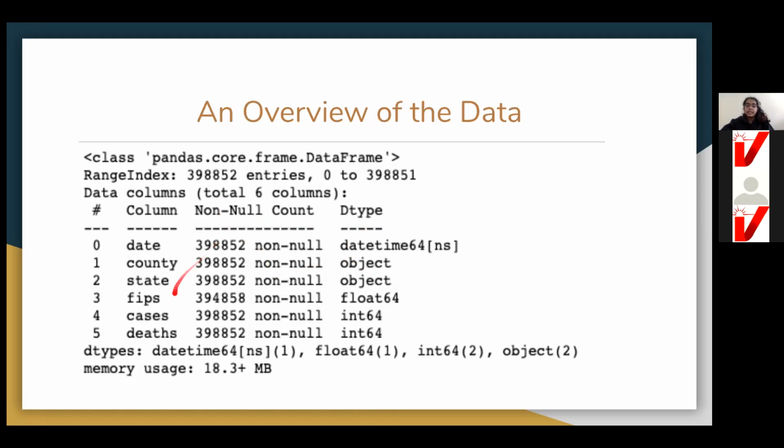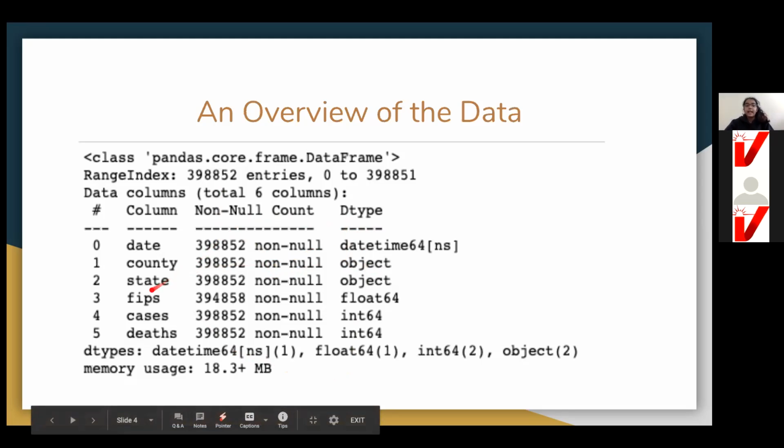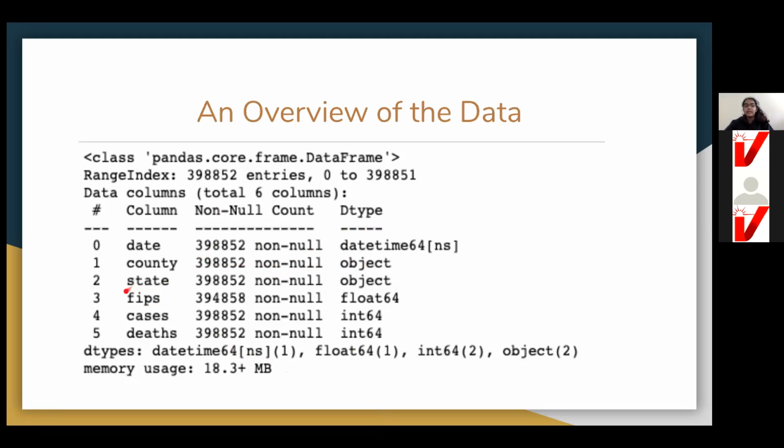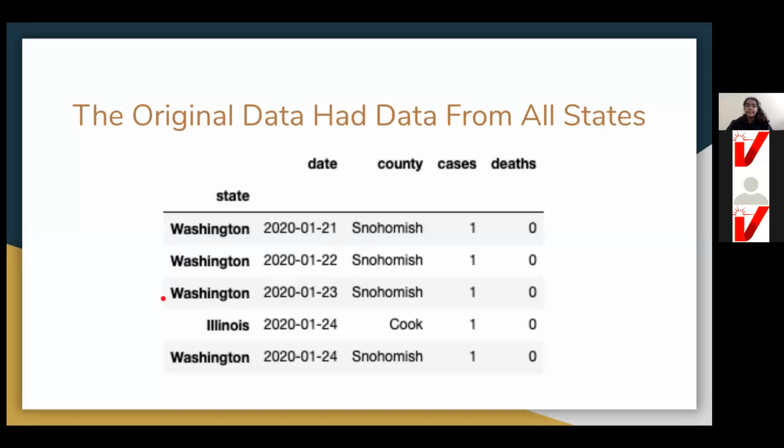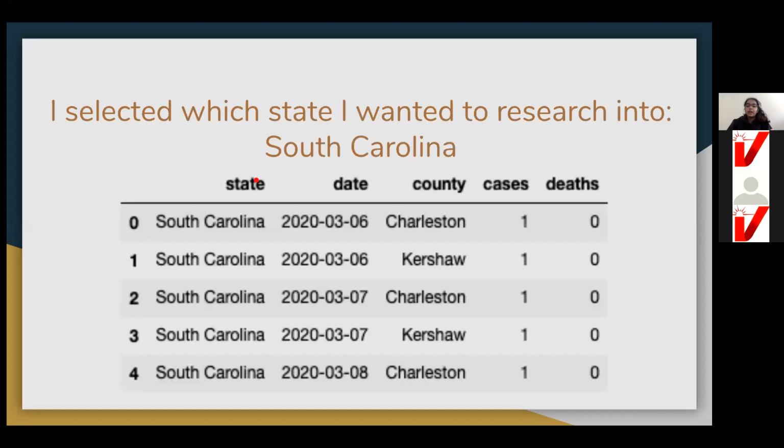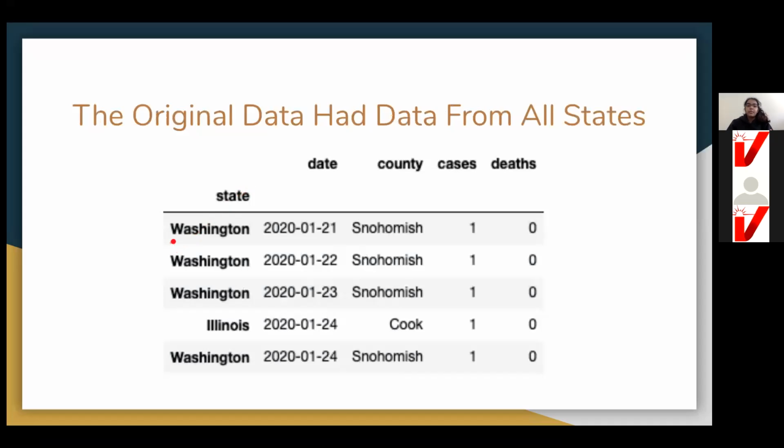There were 6 columns, but I actually got rid of this column because it did not contribute to my analysis. The original data had data from all states, from the beginning of when the first case came out in January.